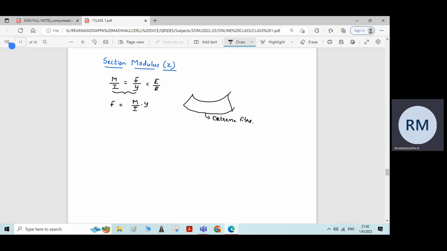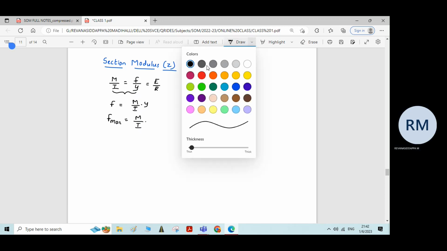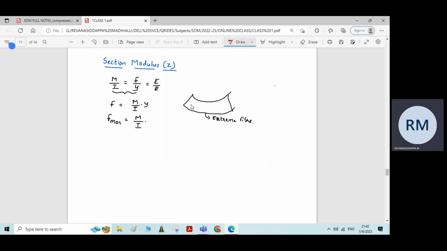So with respect to the extreme fiber, the stresses will be maximum, that is F max is equal to M by I into the corresponding distance of the extreme fiber from the neutral axis.